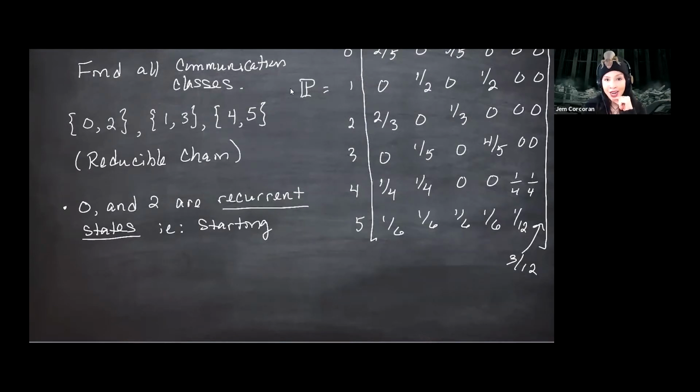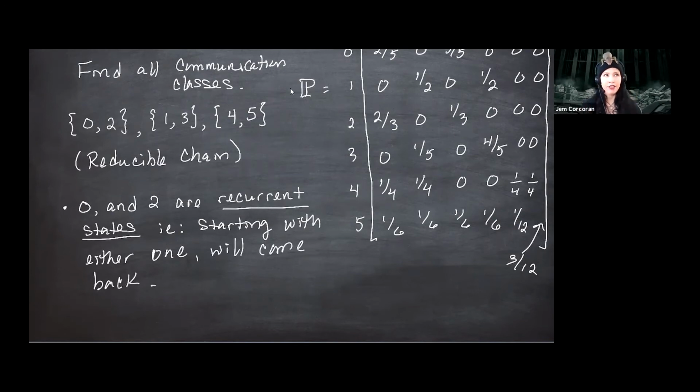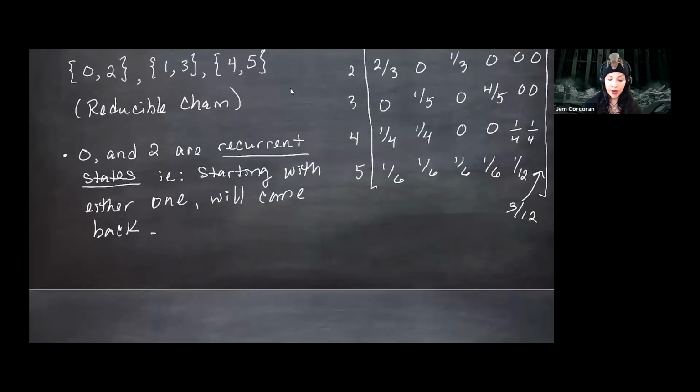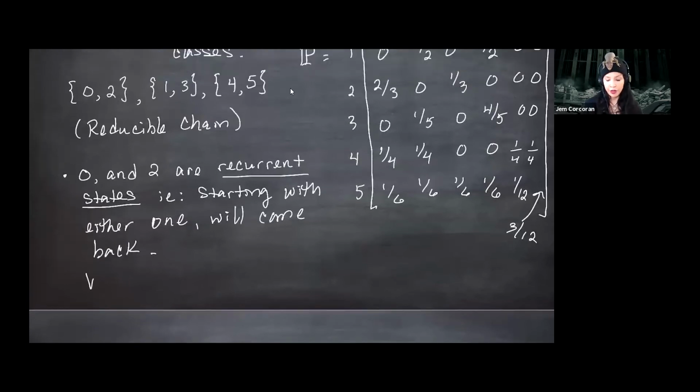And to figure out what a transient state is, you need to exhibit a positive probability of escaping the class, never to return again. So starting with either one, you will come back, and then by the Markov property, you're going to come back again because you're going to start all over. But again, the easier way to say this is not transient. Oh, by the way, we call the class recurrent as well.